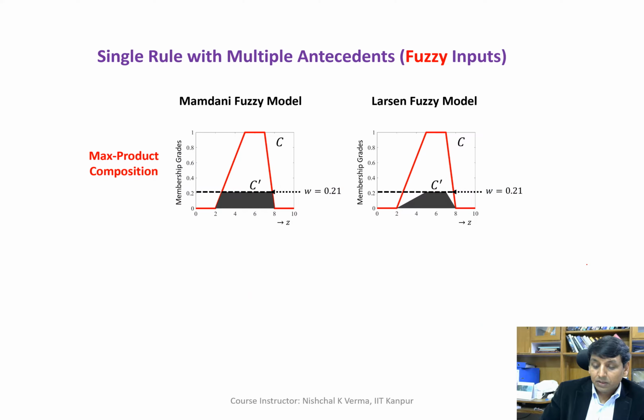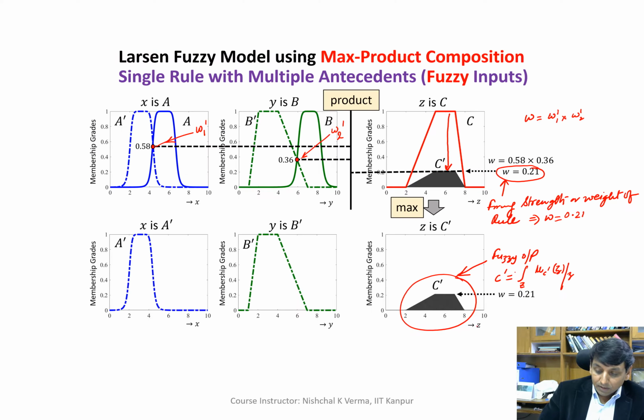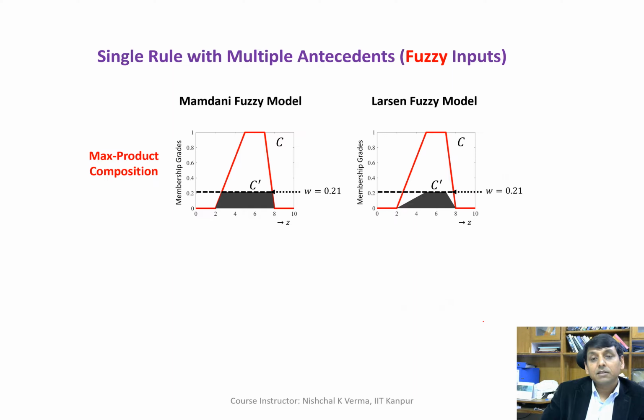Now let us compare this output with the Mamdani fuzzy model. Let us compare the Larsen fuzzy model output with the Mamdani fuzzy model, and we can clearly see the difference here.